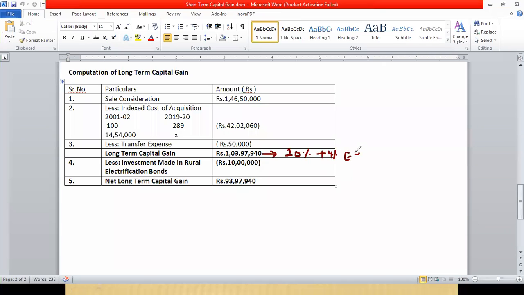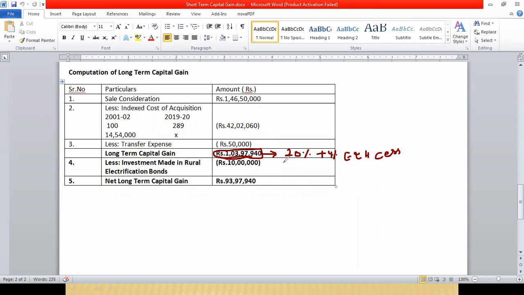So you can imagine how much the tax will be on 1 crore 3,97,000. If you take 20%, and then add 4%, the amount of tax will be very huge.